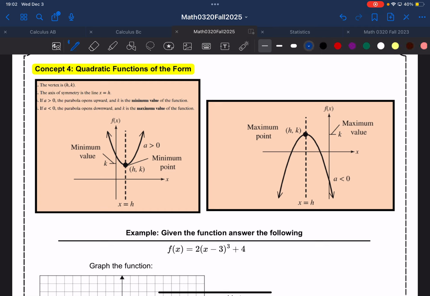So this is called vertex form. And vertex form is f of x is equal to a times x minus h squared plus k. Now we have everything. We have our a, our h, and our k.